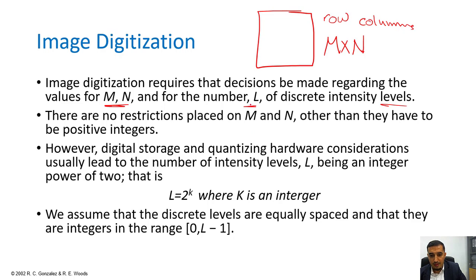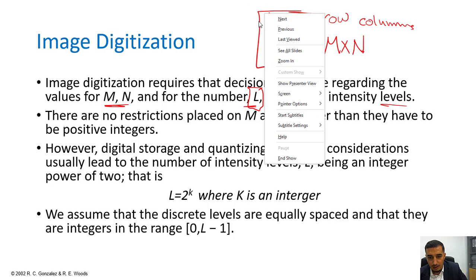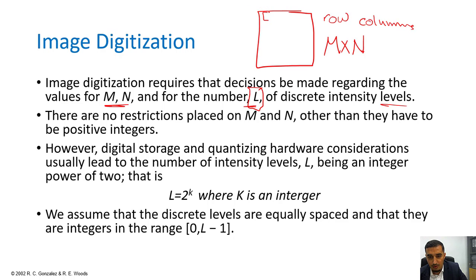Okay, the third part is L. What is the value I'm going to put here? Is it a black and white, 0 or 1? Is it a colored image with 8 bits from 0 to 255? Is it a 10-bit image from 0 to 1023? So it depends.